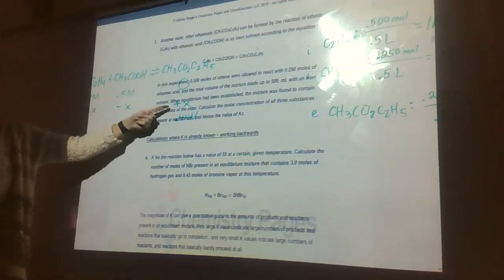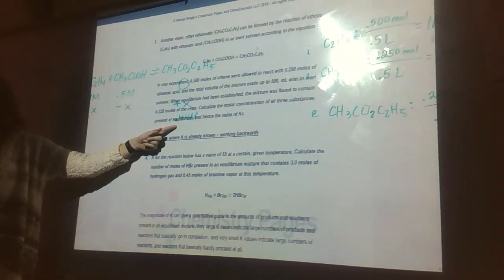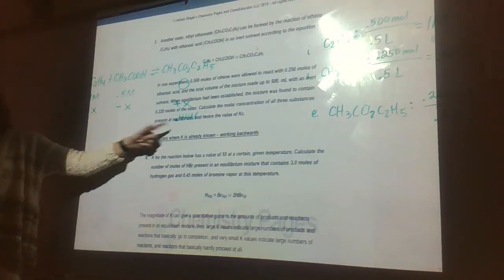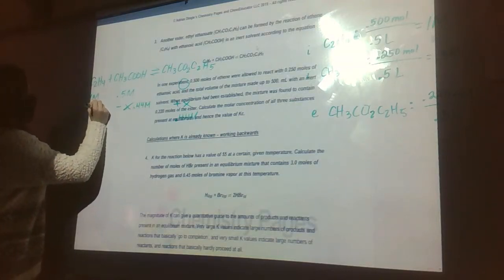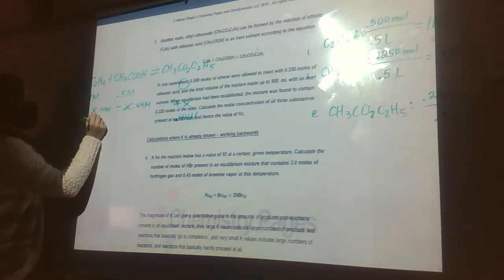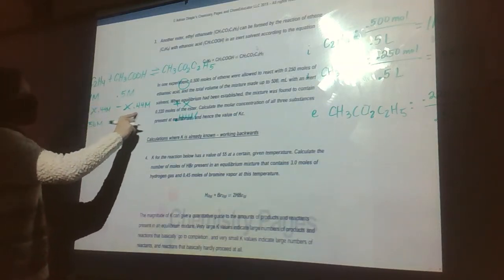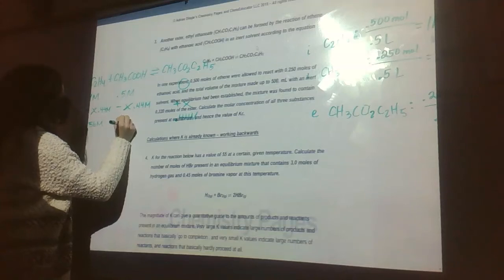Kind of, yeah. Okay, so now 0 plus X equals 0.44 molar. So what's X? 0.44 molar. One minus 0.44 is 0.56 molar. 0.5 minus 0.44 is 0.06 molar. And then 0.44.